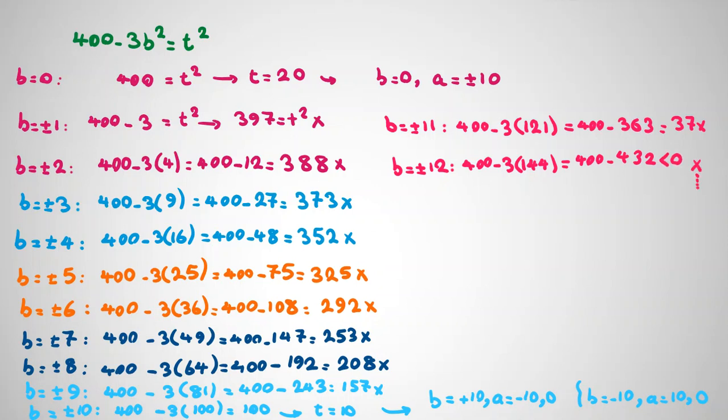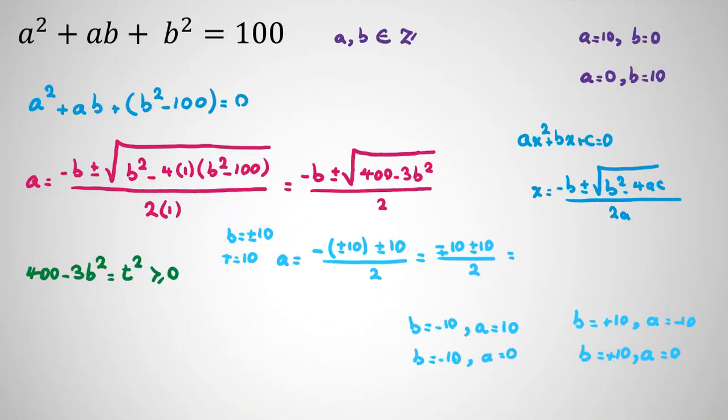So if I want to write all answers, let me write a new page. A and B: plus minus 10, 0; 0, plus minus 10; 10, negative 10; negative 10, 10. So we found 1, 2, 3, 4, 5, 6 answers for this problem.